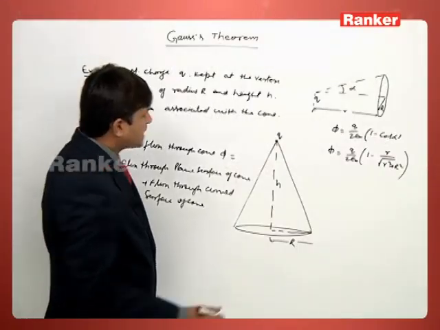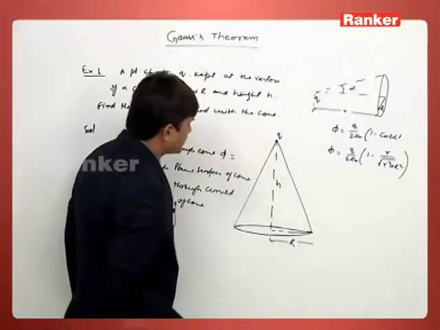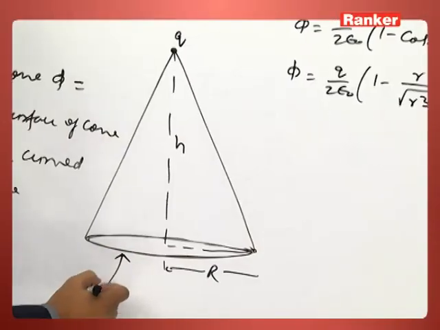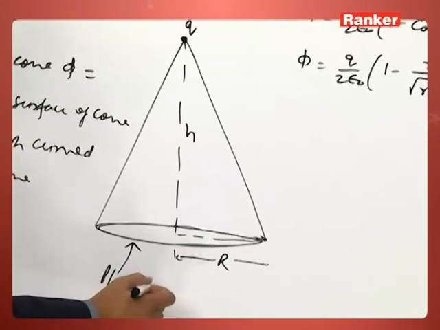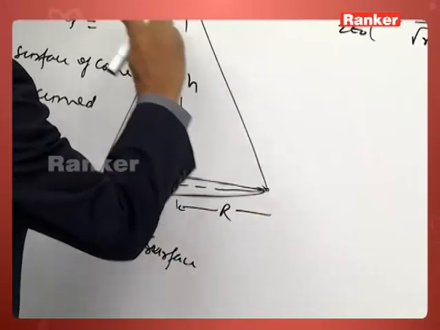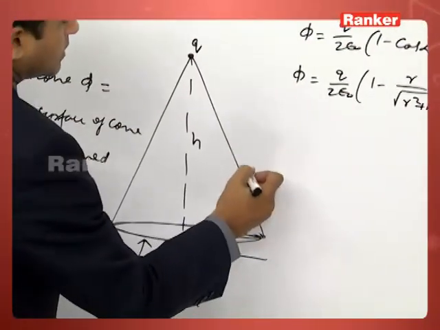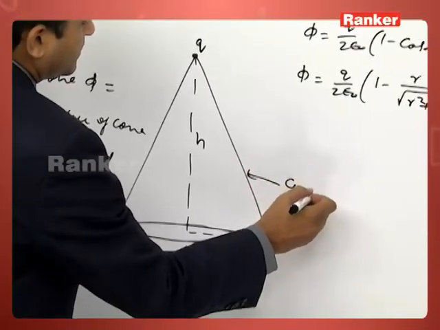So plane surface means this is the plane surface, and if we are talking about the curved surface, this is the curved surface. The cone is like this, and that surface is called the curved surface.